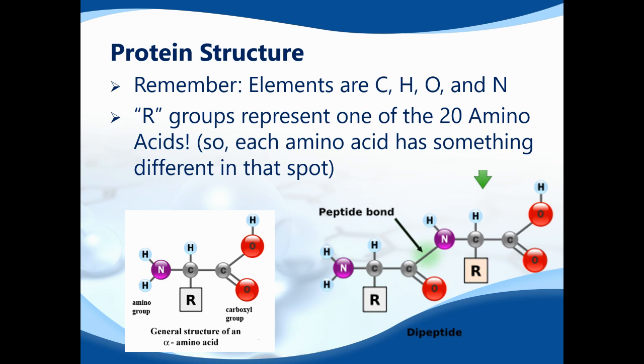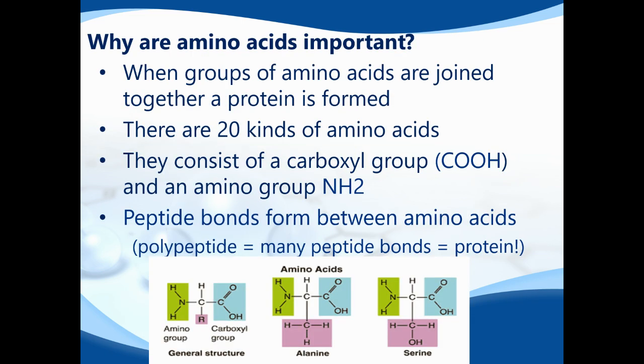Here you can see the peptide bond connecting two molecules, so it is a dipeptide. This is the general structure of an amino acid, that is an alpha amino acid. Proteins are a combination of alpha amino acids, and each of them has a different R group.